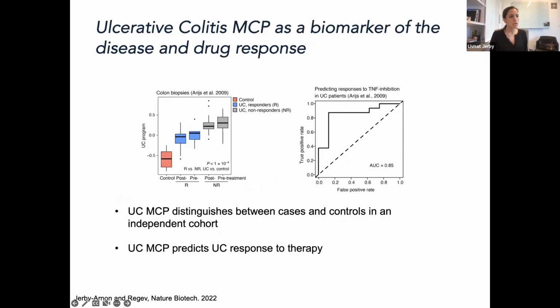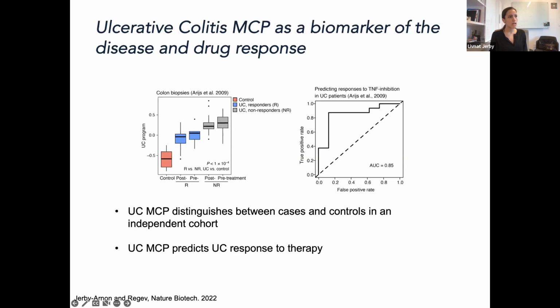And we show this also in an independent unseen data set, which was collected across dozens of patients, and show that the ulcerative colitis MCP that we identified can distinguish between individuals without ulcerative colitis and those that suffer from the disease.